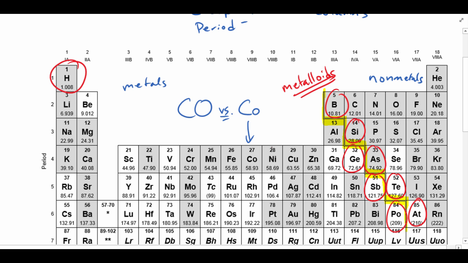Aluminum, though, we don't include in there, because aluminum we classify as a metal. We know aluminum is a metal. But other than that, elements that appear immediately to the left or right of that staircase have some metal-like characteristics and some nonmetal-like characteristics. We call them metalloids.